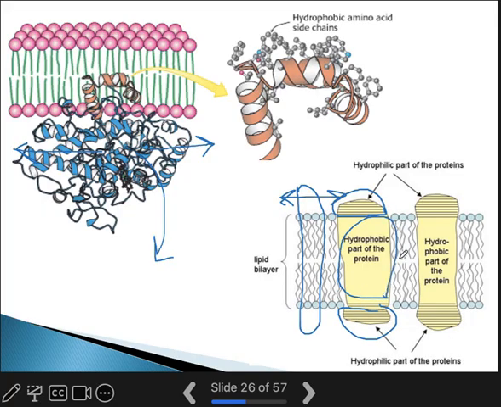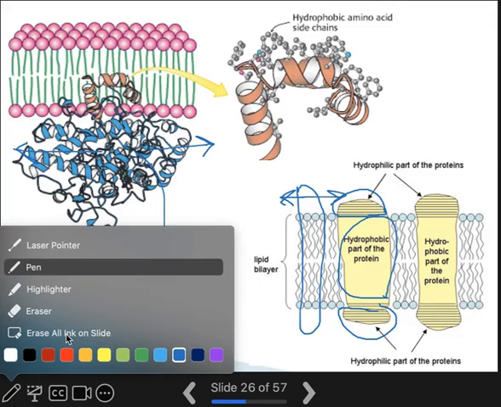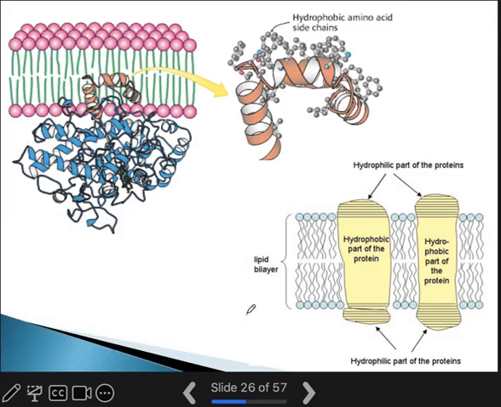If this is the case, I wouldn't be able to take this protein and move it. So let me erase my drawing there. I wouldn't be able to move it because if I tried to rotate it, it would force that hydrophilic portion of the protein through the hydrophobic hydrocarbon core here. And so this protein would not be able to flip, but it would simply be able to move side to side. So this again is representing that fluidity of the membrane.